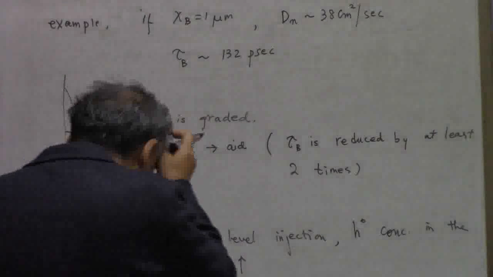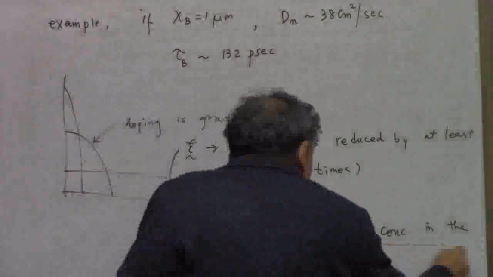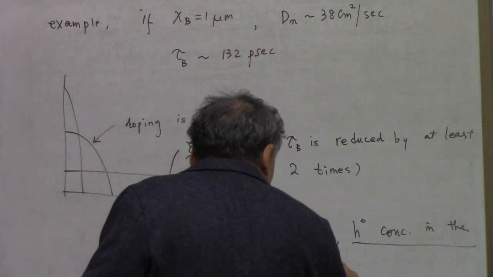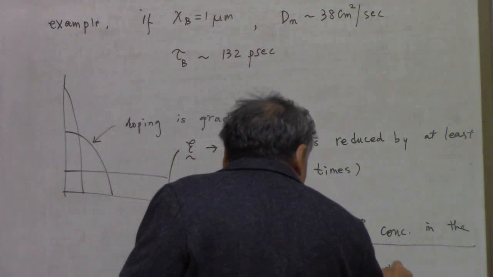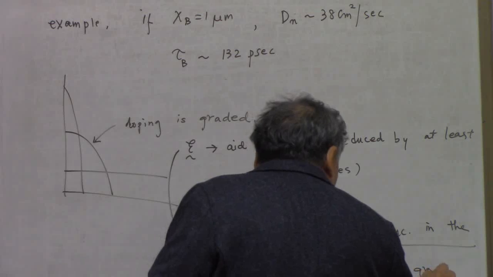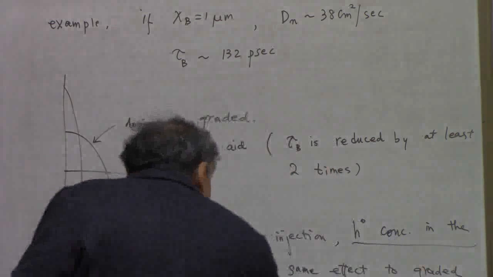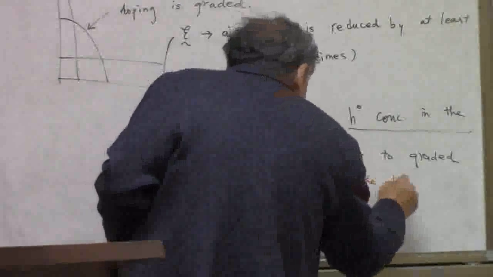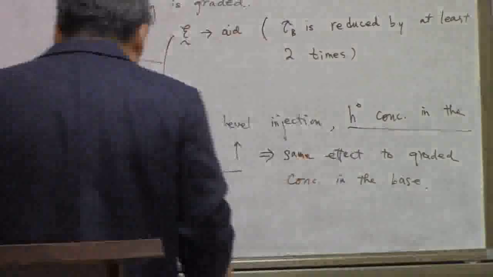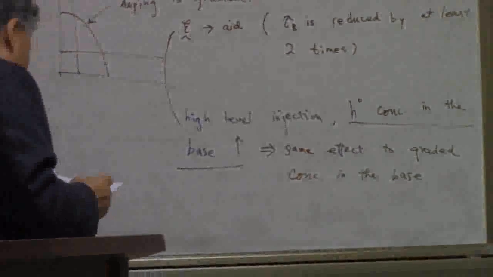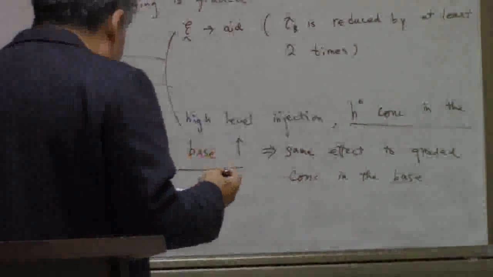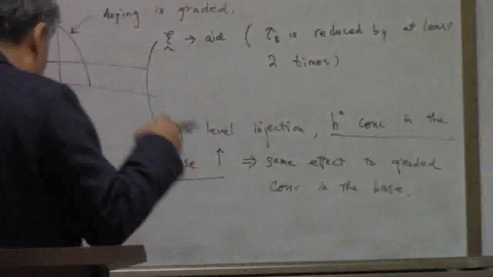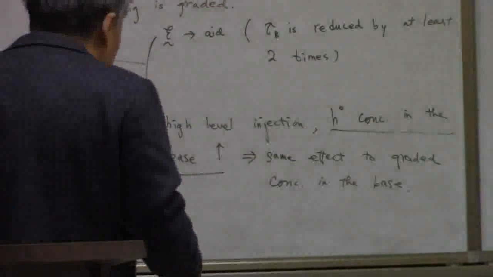This has the same effect as a graded concentration in the base. So it is going to help speed up the electrons, and the transit time is going to be decreased.